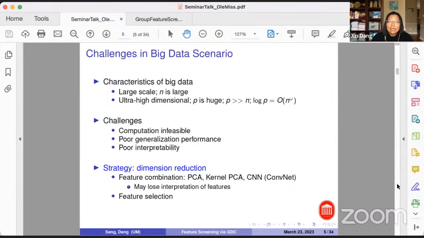In the ultra-high-dimensional case, this dimension p is much larger than n, even log p is of the magnitude of n to some power. That's the case we need to deal with, because this gives us challenges.